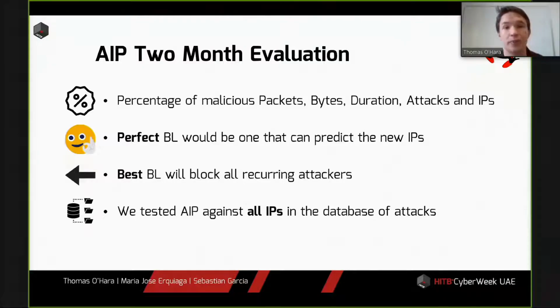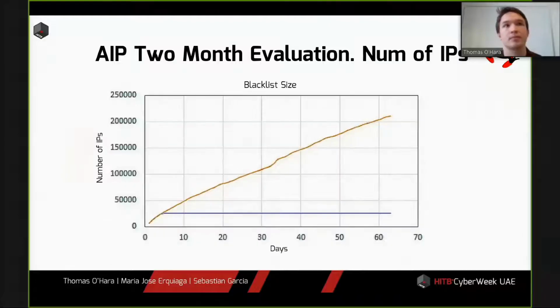Therefore, in order to do a meaningful comparison, we tested our AIP blacklist against a blacklist that is made up of every single malicious IP in our database, so that we can compare AIP to a blacklist that would get maximal coverage of the malicious traffic without getting into new IP predictions.